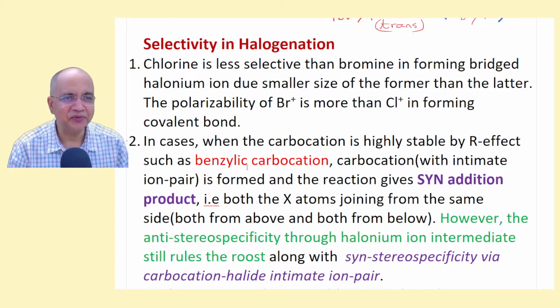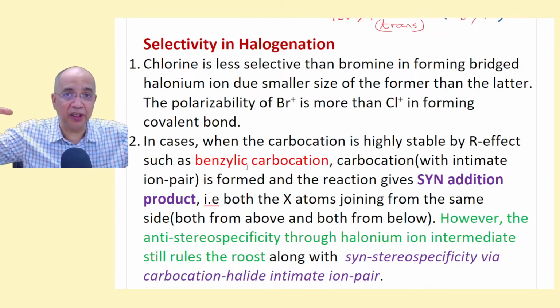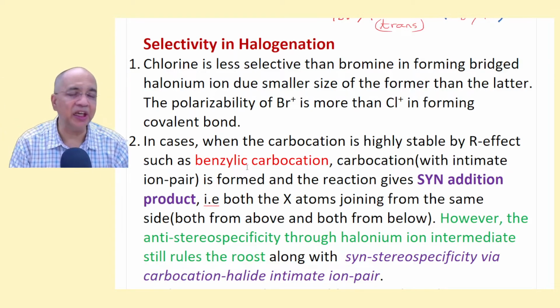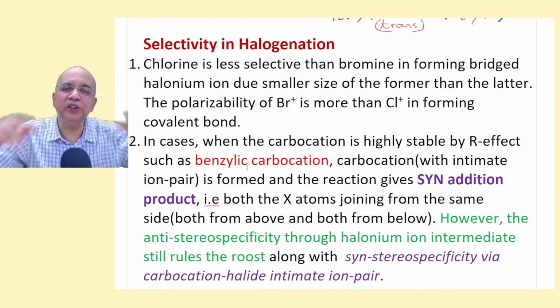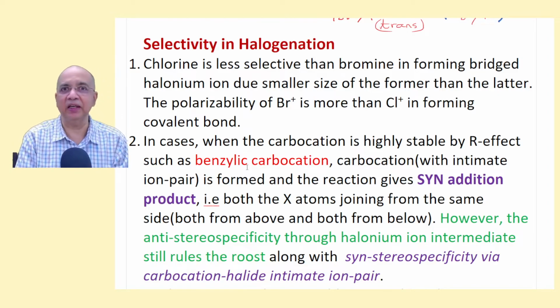Now see, I told you that even if the group is bulky like tert-butyl, or there is a resonance stabilization like a benzene ring, so that there is a benzylic carbocation, in such a case it has been observed that still carbocation is not formed. The bromonium, the cyclic structure, is the prevailing mechanism.